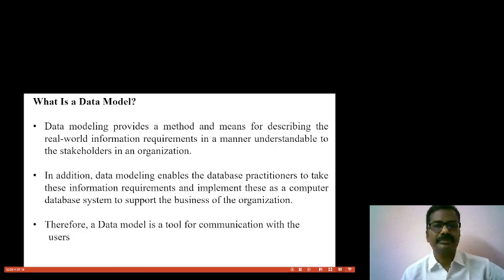So representation of data in a particular model is very essential for better reception by the users. Therefore data modeling enables data practitioners to take these information requirements and implement them as a computer database system to support the business of organizations.